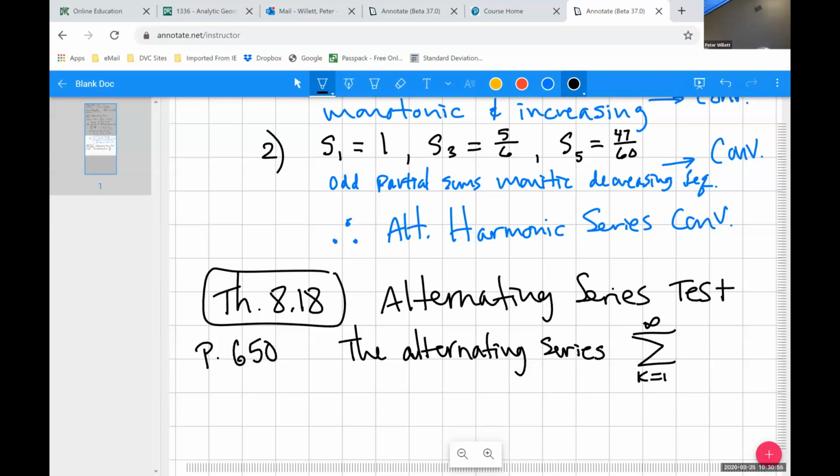We could always factor a negative out of every term of the series if it didn't, and multiply -1 times one that did begin with a positive. And we're going to put in front a (-1)^(k+1). So that's going to make the signs alternate, and then we're going to put a sub k.